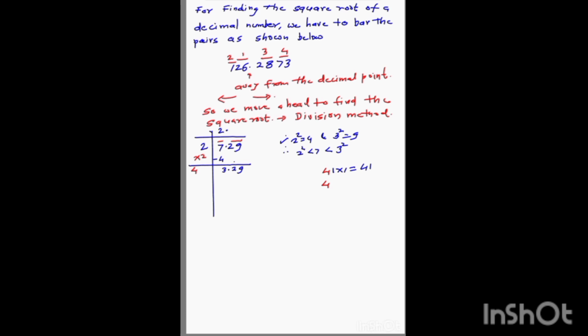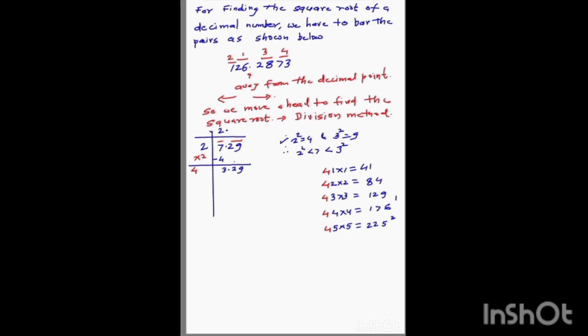You should try to solve some problems and practice this. 42 into 2, a very intelligent and useful method, with a minimum chance of making any mistake. 43 into 3 is 129. 44 into 4 is 176. 45 into 5 is 225.